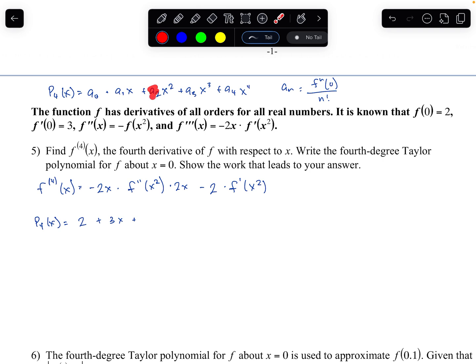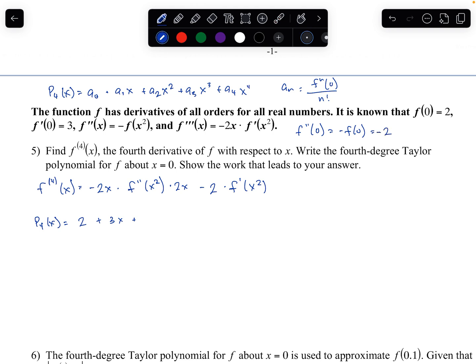Plus, a sub 2, so the second derivative at 0. Well, we have the second derivative, but not at 0. So what is f double prime of 0? So f double prime of 0 is going to be equal to negative f of 0. And f of 0 is 2, so this is going to be equal to negative 2.